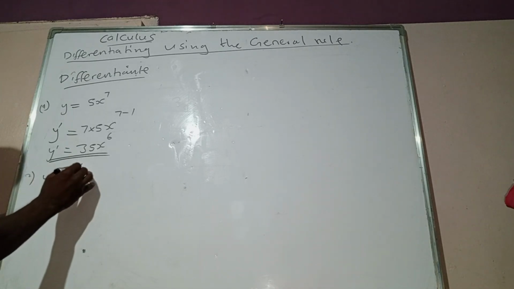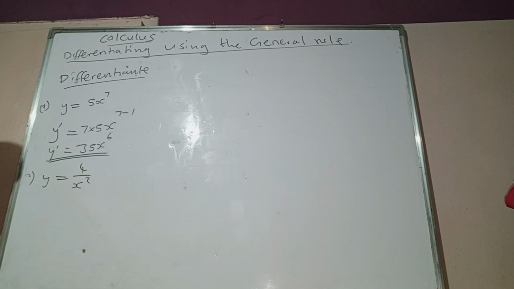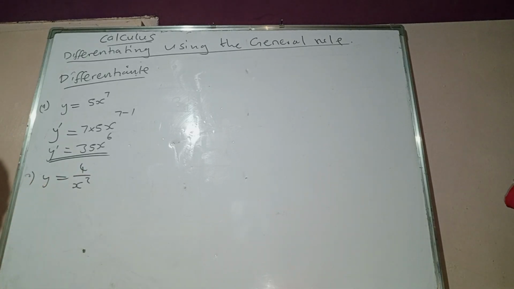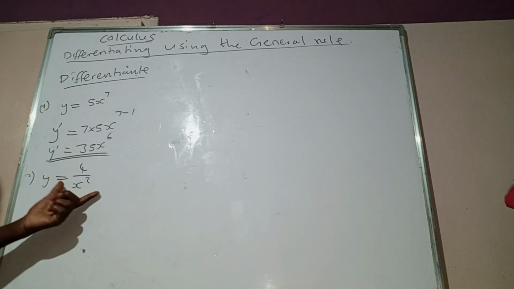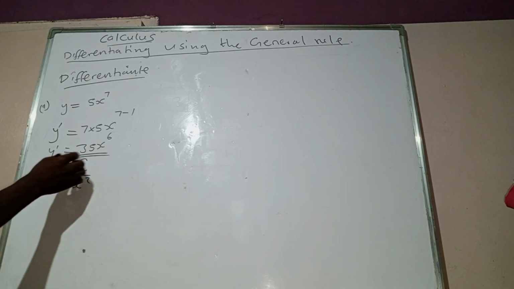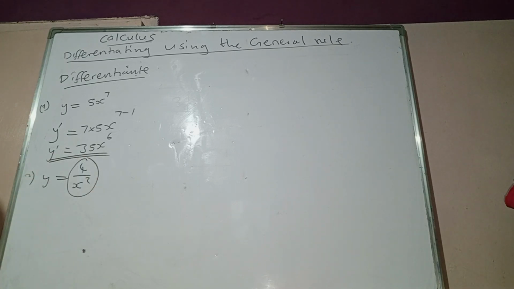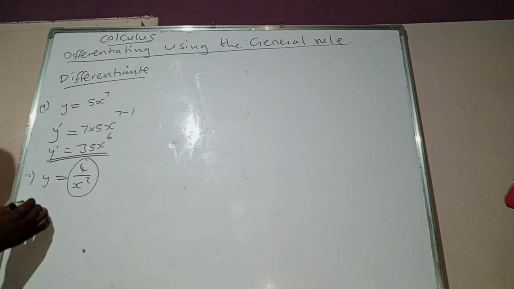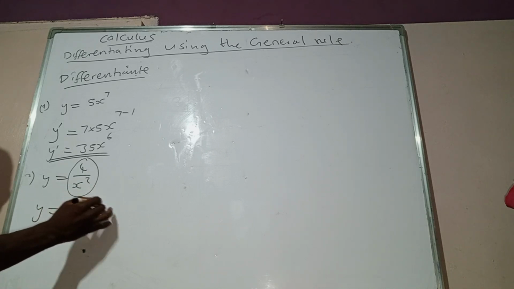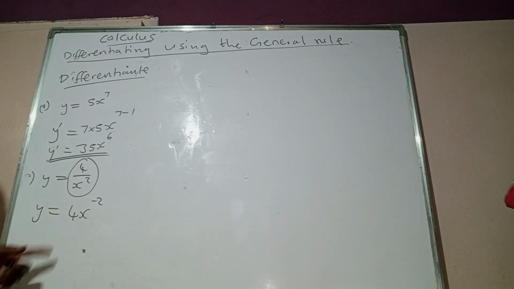y is equal to 4 over x squared. When you look at the nature of this equation, 4 over x squared, you can bear with me that this can be changed to 4x to the power negative 2, using the laws of indices.